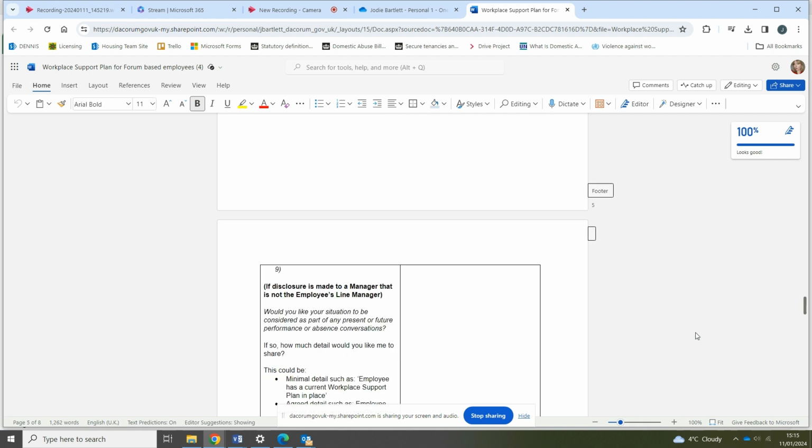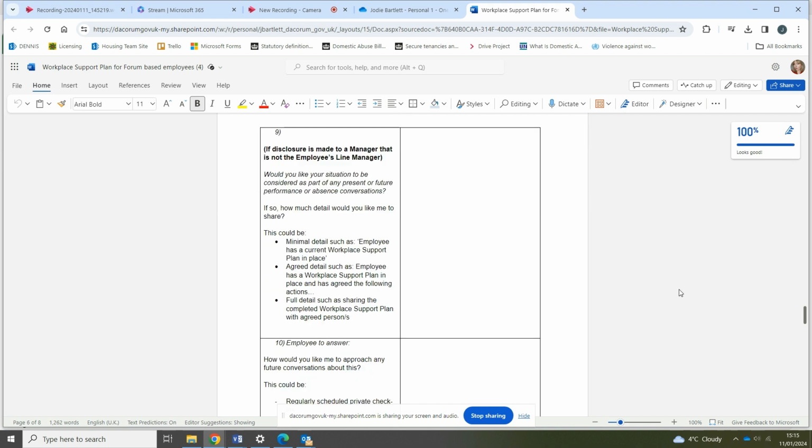It was also really important to bear in mind that by rolling out this initiative across the organisation and equipping all managers, we really wanted to recognise and give the employees the opportunity to engage with whomever they felt comfortable to. And that may mean in some instances that isn't the person's direct line manager.